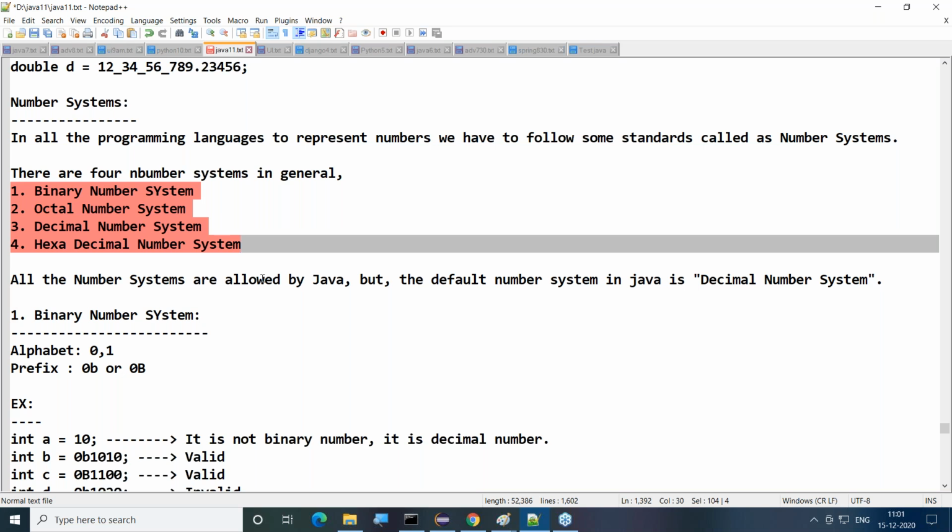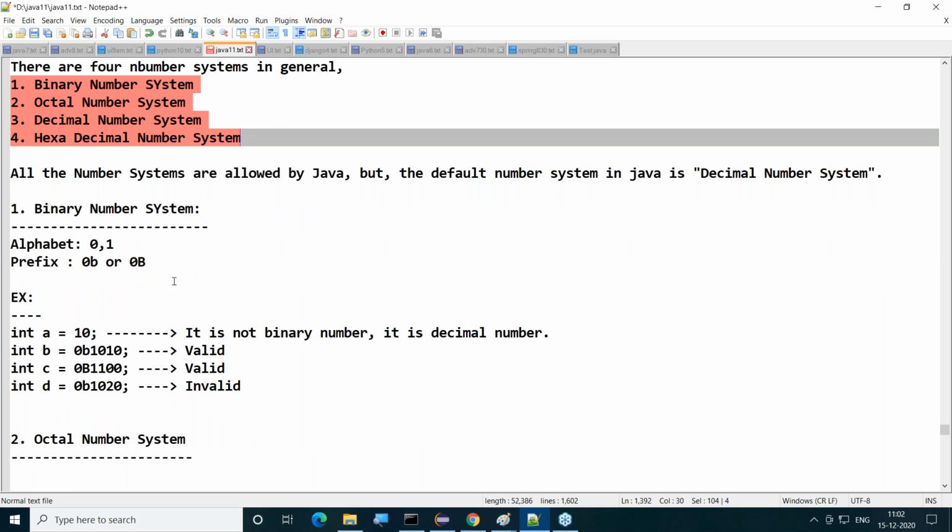After completion of this particular part, we already started the binary number system. How does this binary number system exist?